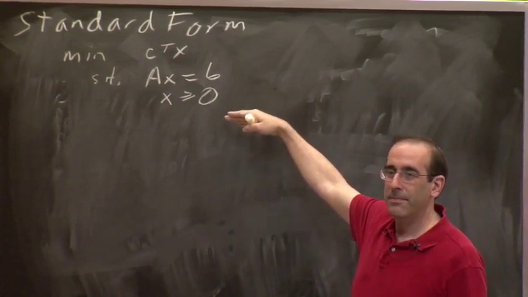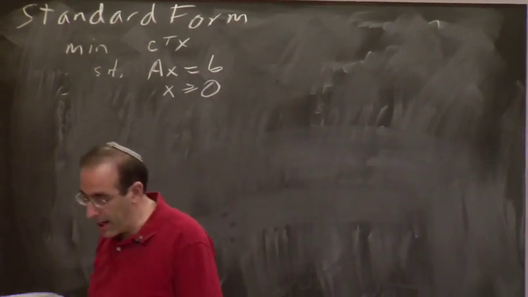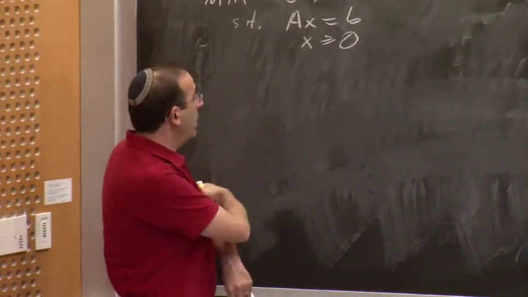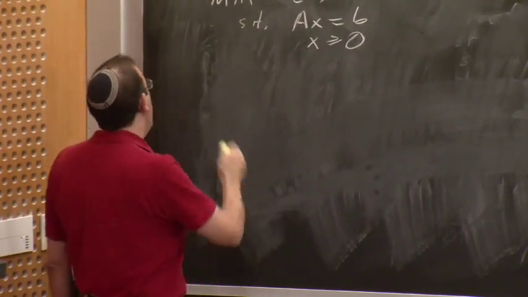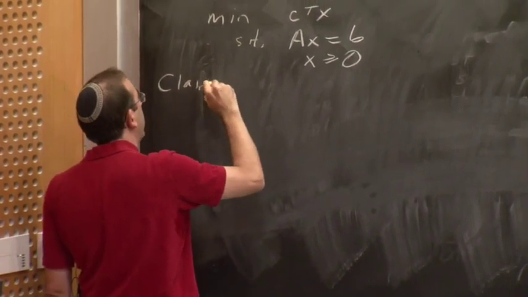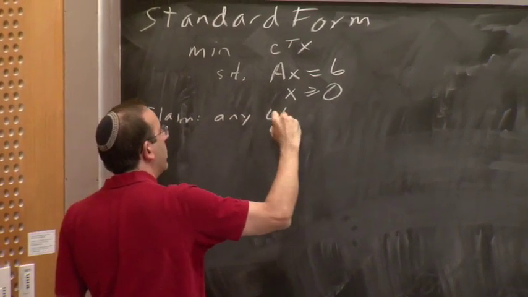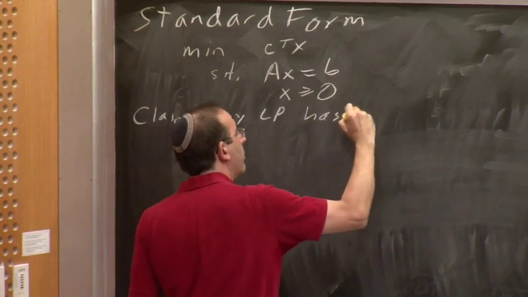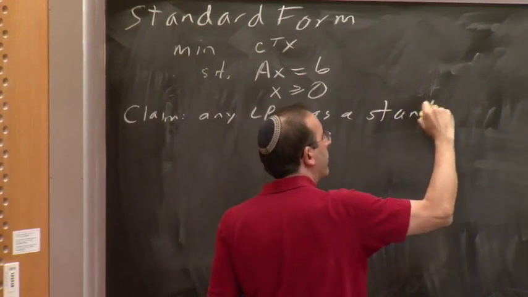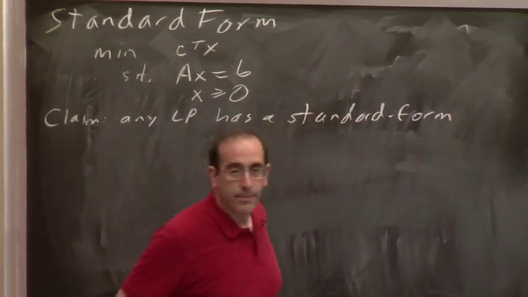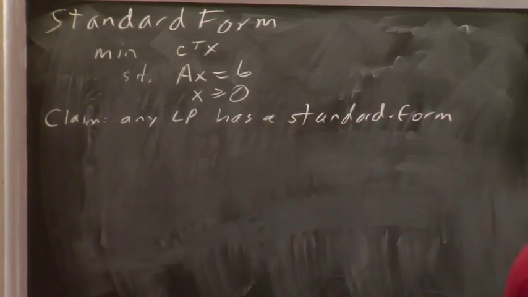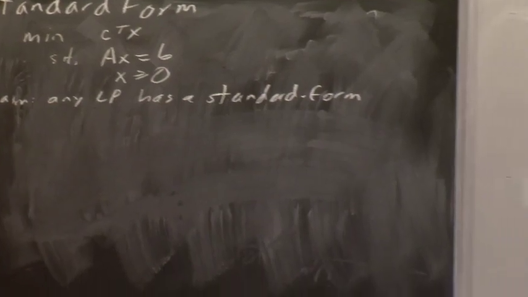And so this is very useful for certain algorithms because of the algebra that can be done in this form. And now the claim is that any LP has a standard form equivalent to it.